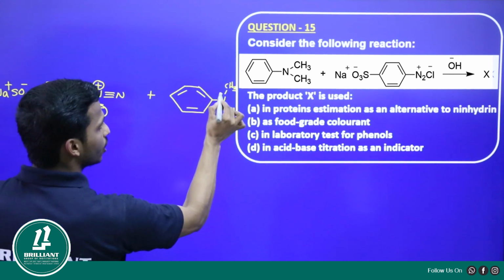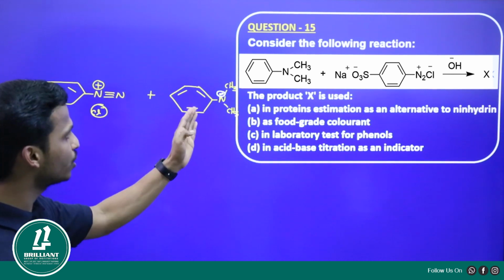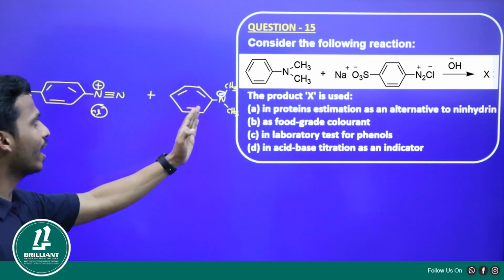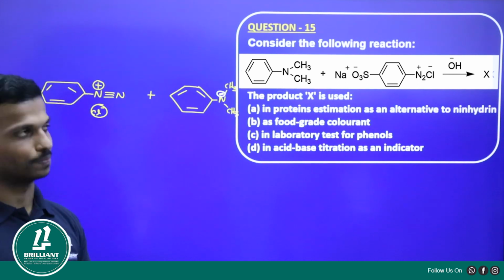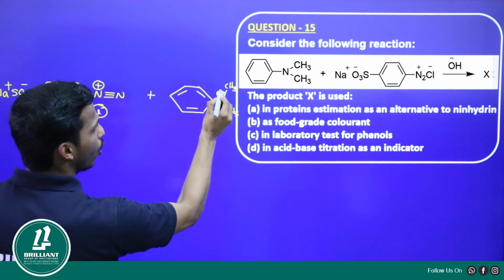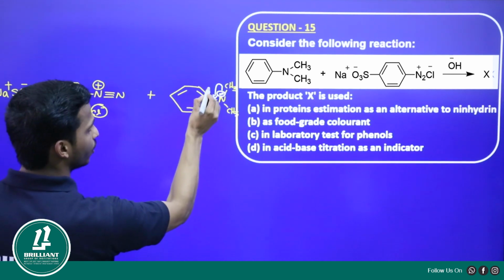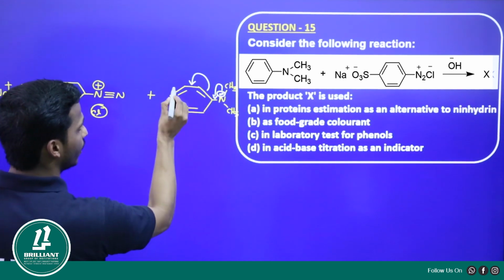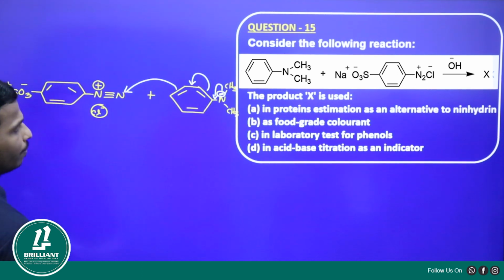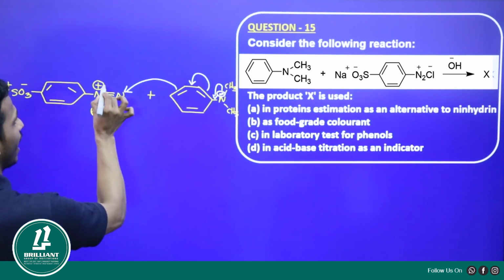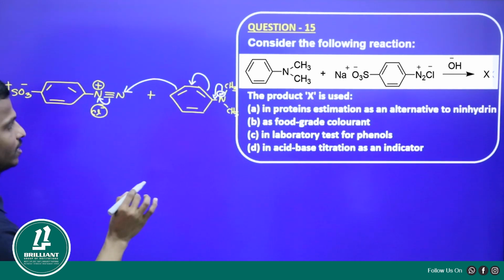You know, this nitrogen contains a lone pair. What is this reaction actually? It's a substituted aniline reacting with a diazonium compound. It is called a coupling reaction. And here, the lone pair, it is an ortho-para directing group. So the lone pair can shift here, and this double bond can attack on this nitrogen, meaning they will create a bond. And this bond shifted here, the positive charge will be cancelled.